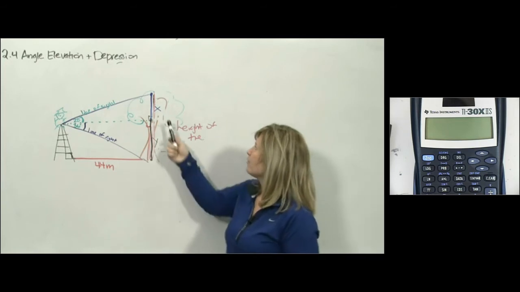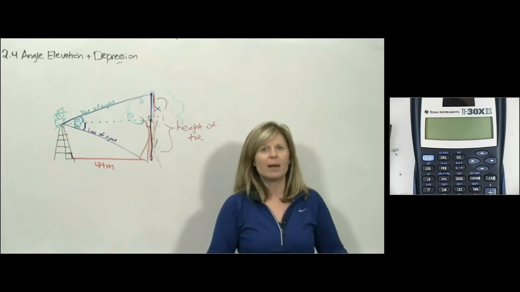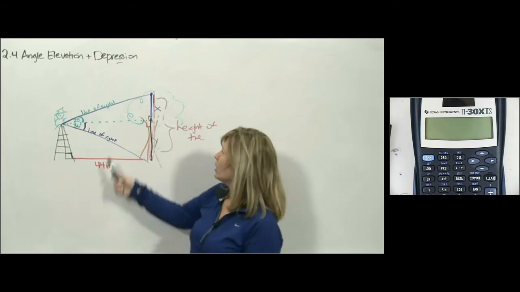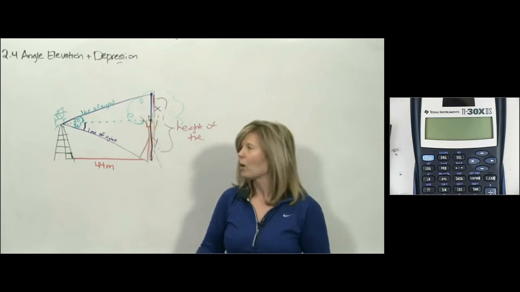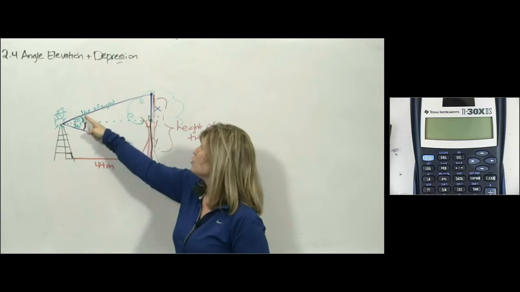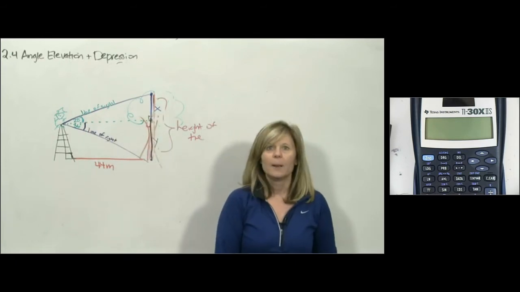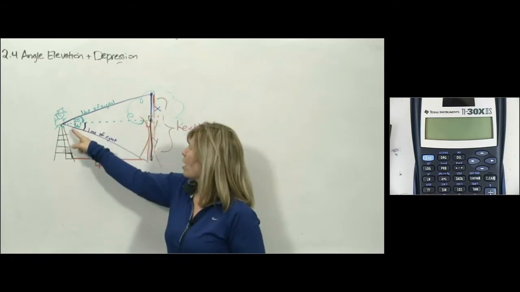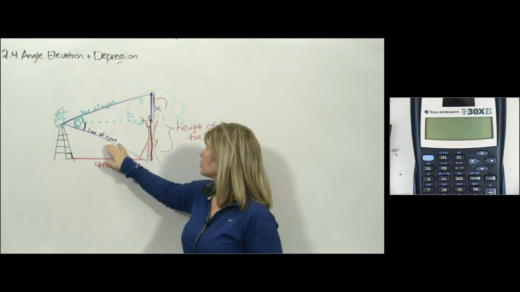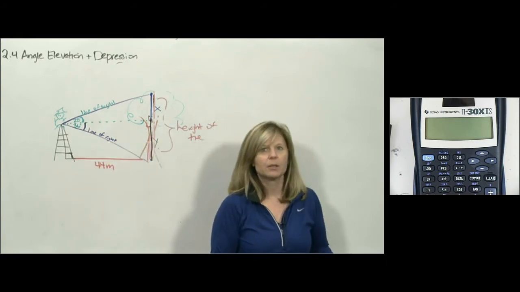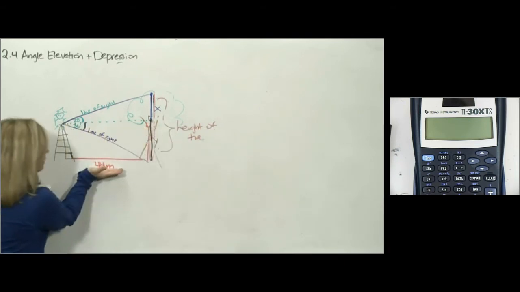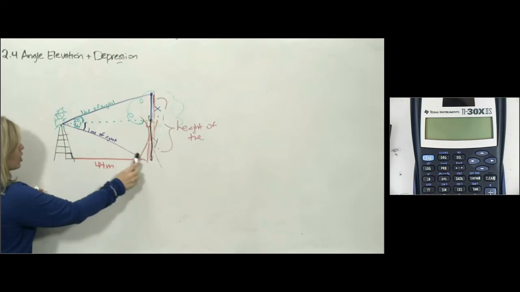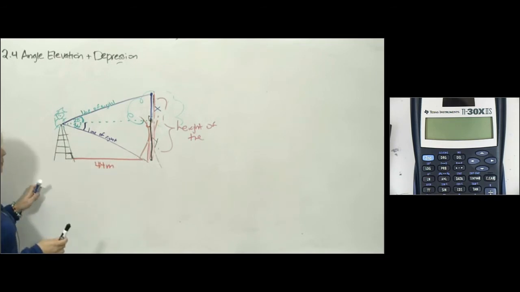Well, again, to find this length, do we have enough information to do Pythagorean theorem? Can we do a squared plus b squared equals c squared? Well, right now, if I look at this right triangle, I have no sides. If I'm looking at this right triangle, a squared plus b squared equals c squared, I have no sides. We do have a side. We have 44 meters, which is in this triangle down here. But everybody think about it.